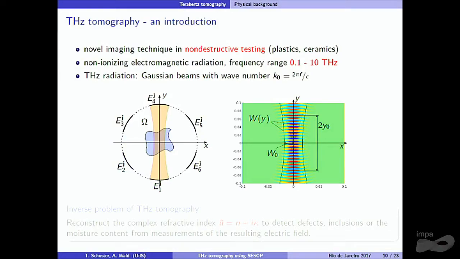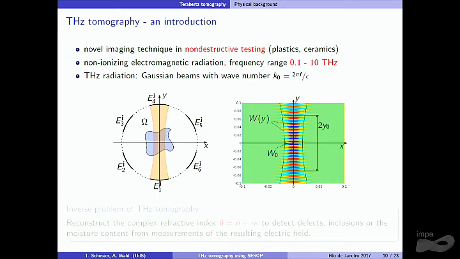Here you have a plot of a Gaussian beam. The name comes from the fact that if you make a cut in the x direction, you get a Gaussian profile of the beam, where you have a Lorentz profile in the y direction. It has a waist here, and you see small aberrations in the x direction from the wave being just aligned.